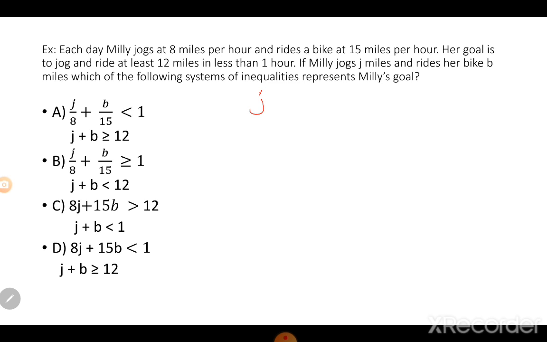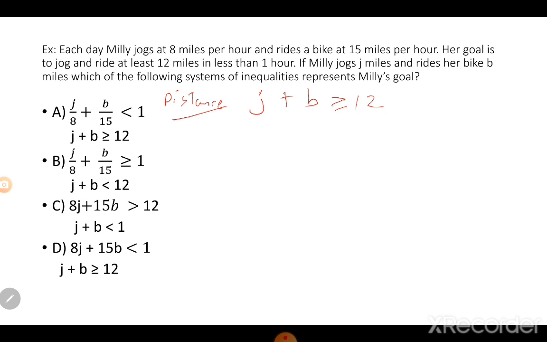Well, she jogs J miles and then she bikes B miles. So we are creating a distance inequality. Well, what does she want from this distance? She wants the distance to be at least 12 miles. So that means 12 or more miles, right? So the amount of miles jogged plus the amount of miles biked must be greater than or equal to 12.